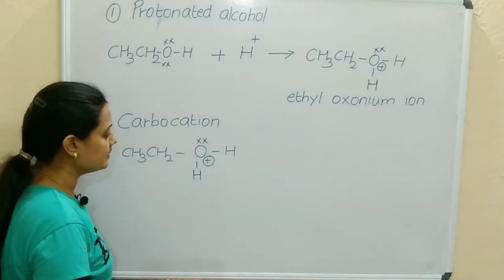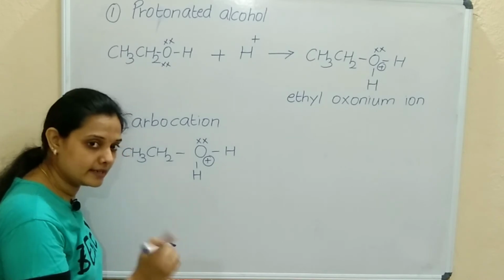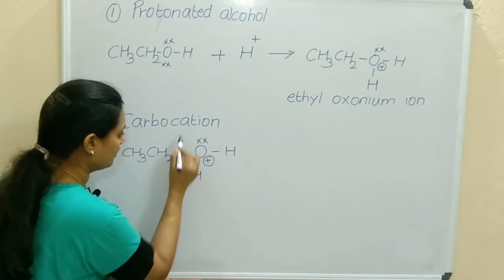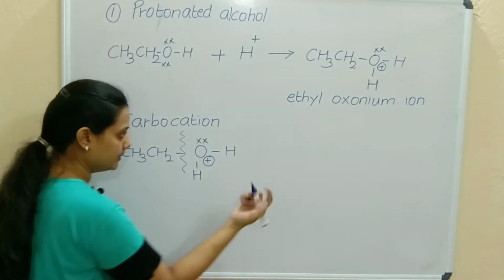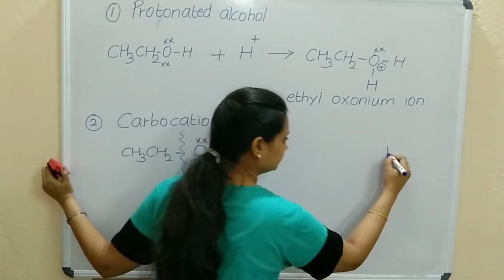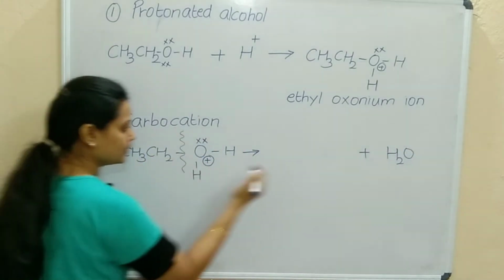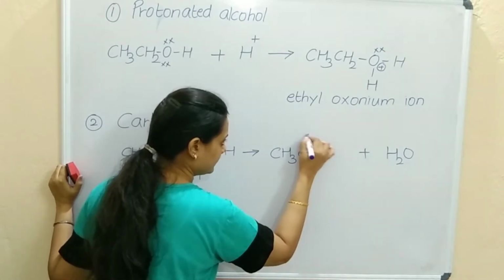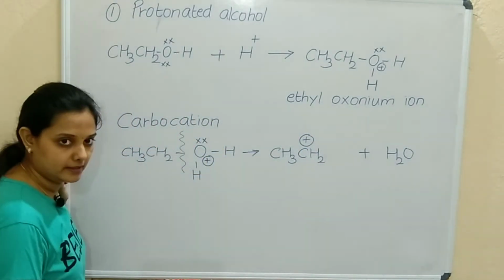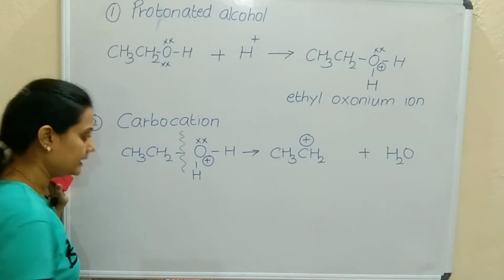Carbocation formation means the C–O bond breaks. So the C and O bond will break here, and H2O will be removed. What is left here is CH3CH2, where carbon valence is not satisfied, with a positive sign. A carbocation is formed.